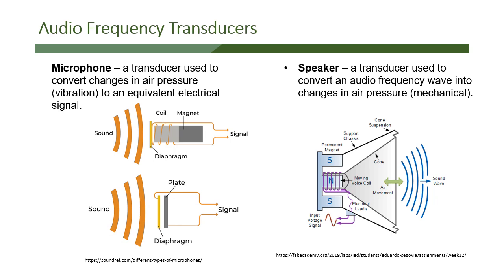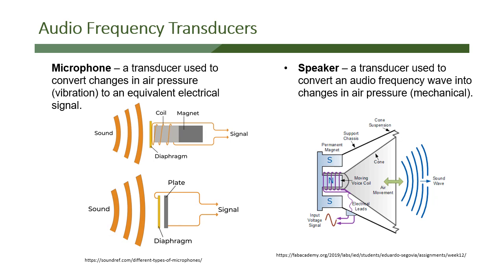We see the coil once again, surrounded by a magnet. As we put the signal through that coil, it's going to interact with the magnet and move the speaker's cone, and that movement will cause the air molecules to be moved. So an electrical signal is converted to a mechanical motion in the air, which our ears are designed to pick up. That's how we move sound.